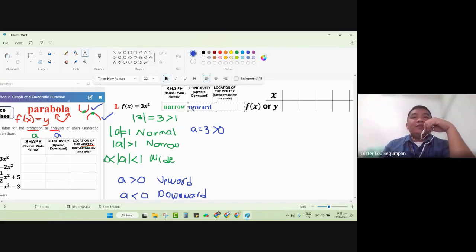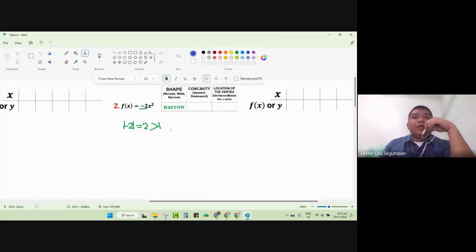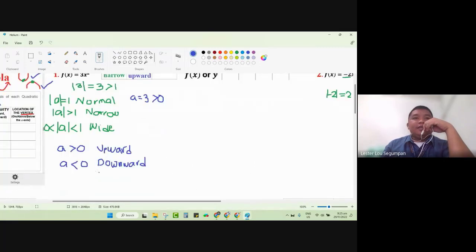the parabola looks like. When we go to number 2, our A coefficient is negative 2. At this point, this is less than 0. Looking into this analysis, it's actually opening downward.